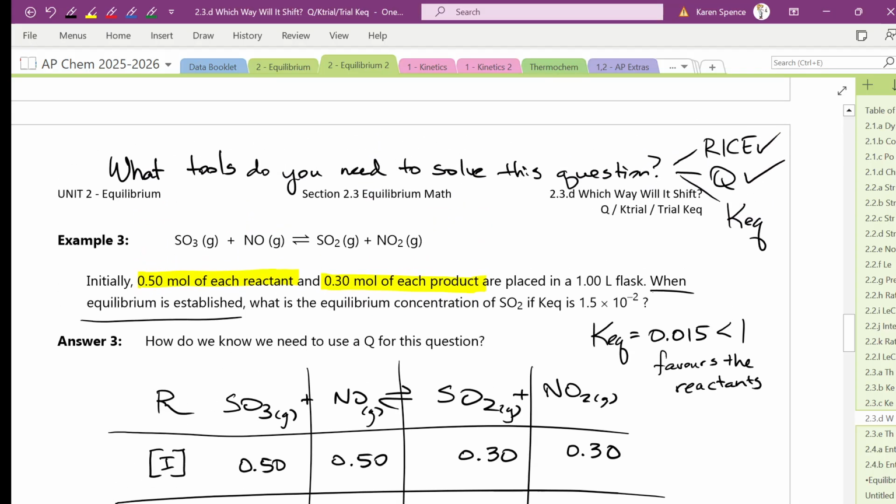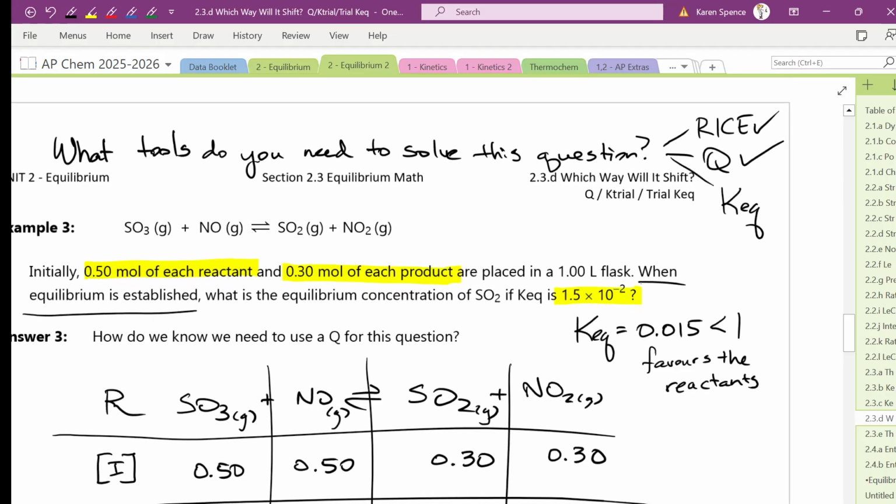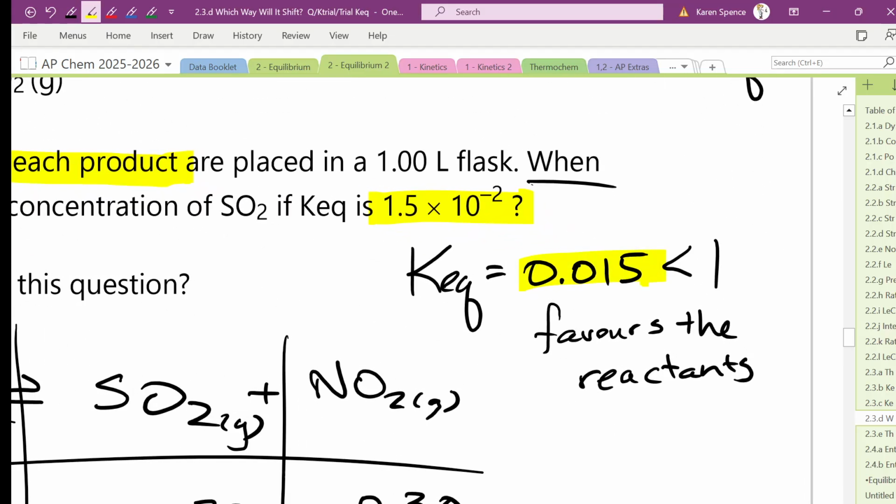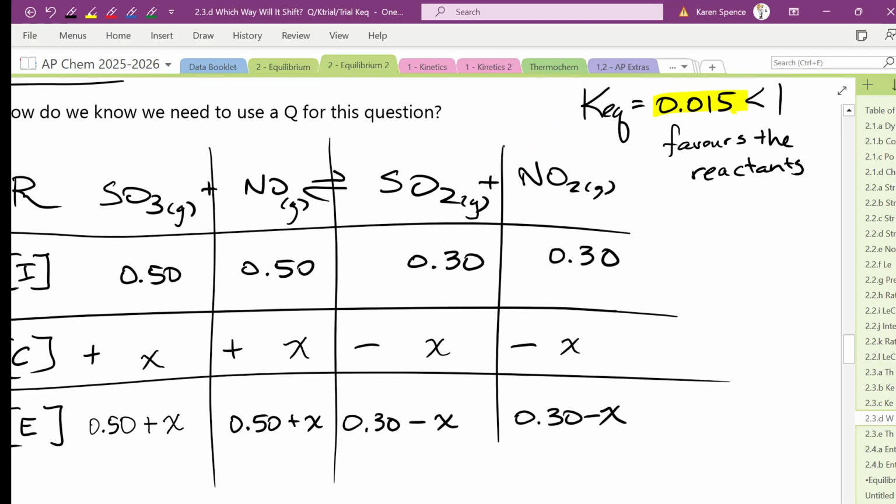And it's up to you whether you write your Keq as 1.5 times 10 to the minus 2 or 0.015. I kind of like 0.015 just because it requires less writing, but it's totally up to you.